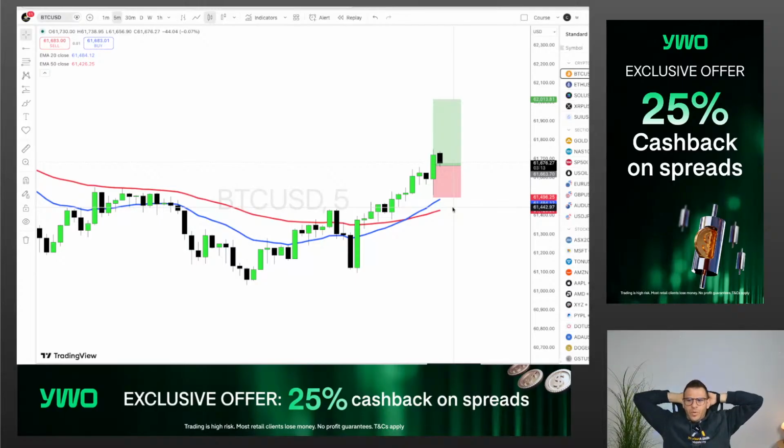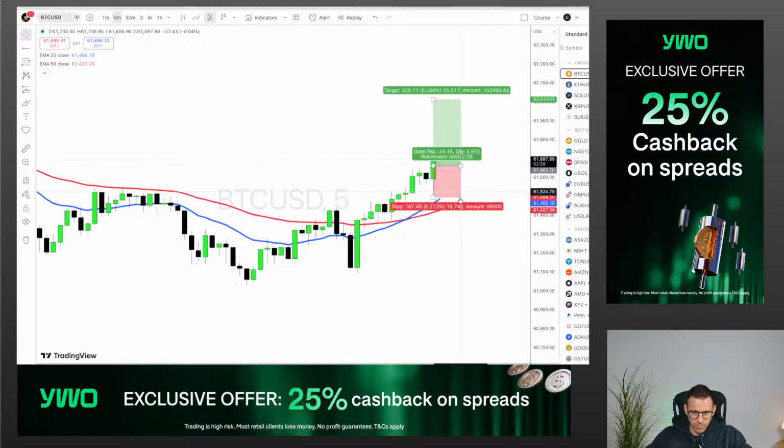Maybe on Bitcoin we're gonna get something good here. I like this bullish engulfing of these higher highs, higher lows, just crossed the moving averages. So why not?